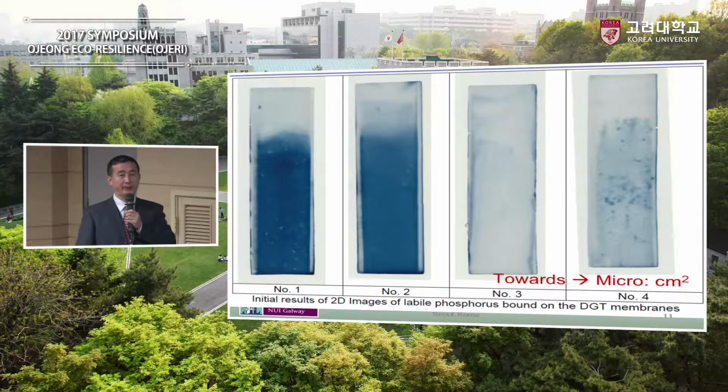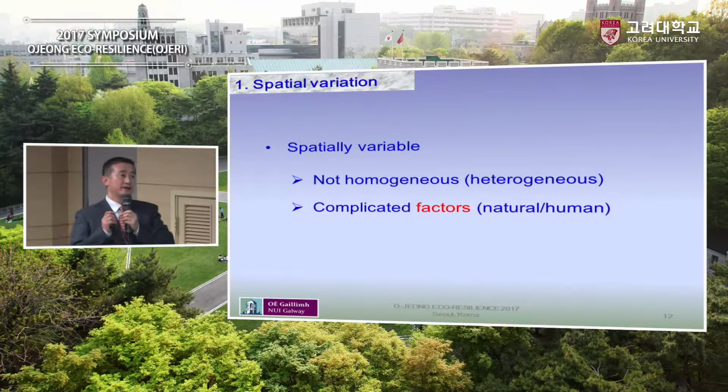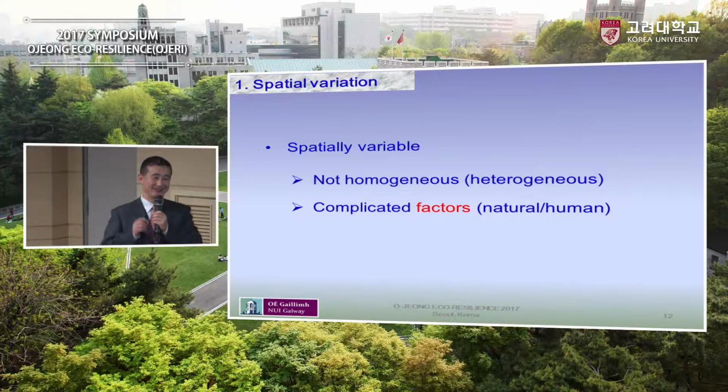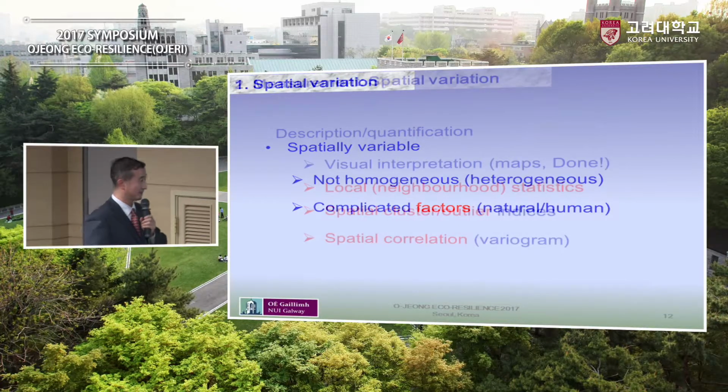In fact, it's a membrane technique called diffusive gradients in thin films, so we can easily get those images. Anyway, I've just demonstrated that spatial variation exists from very large regional scale to very micro scale at the millimeter level. So that's the fact, and there are many factors causing it.